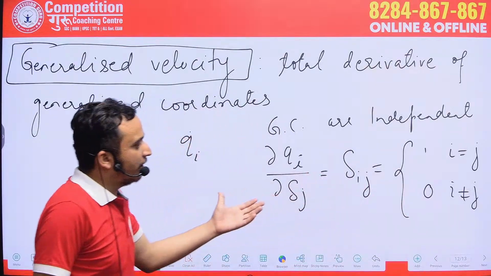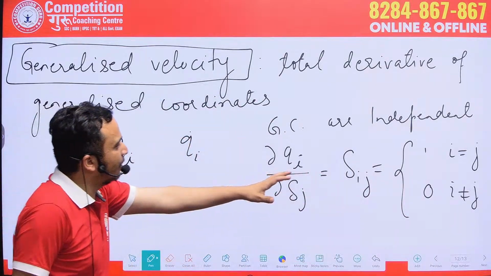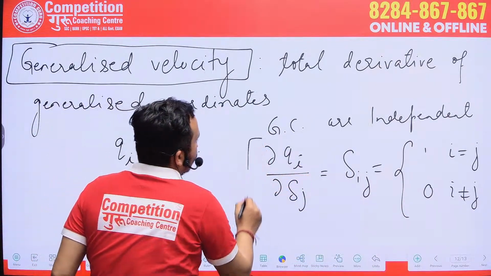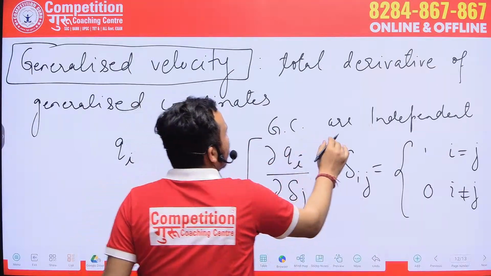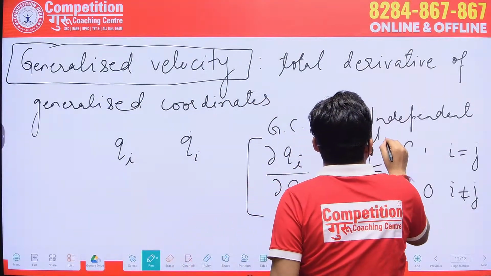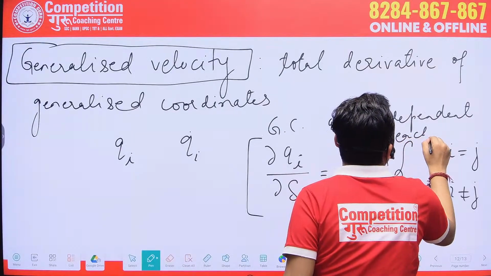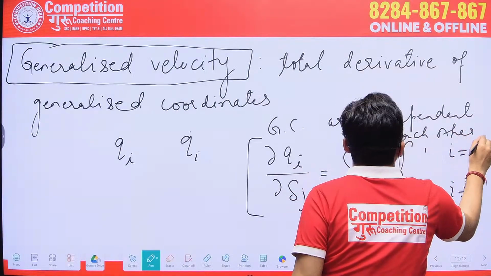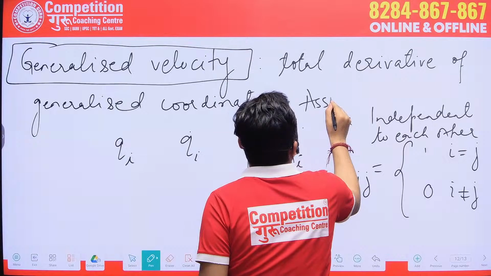Let's take a simple example of how this is possible. We are assuming that generalized coordinates are independent of each other. This is an assumption in Lagrangian mechanics.